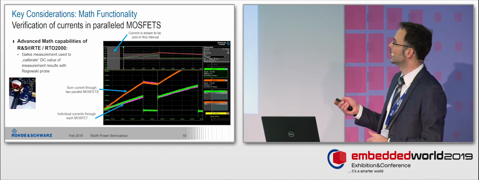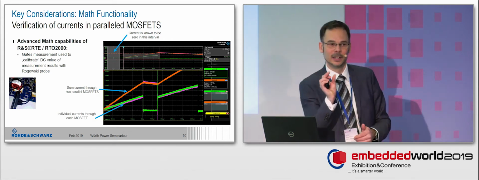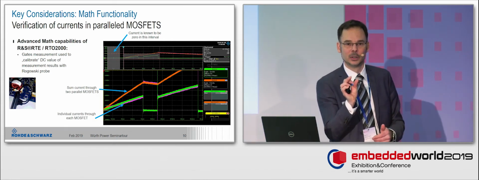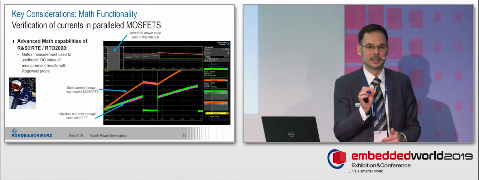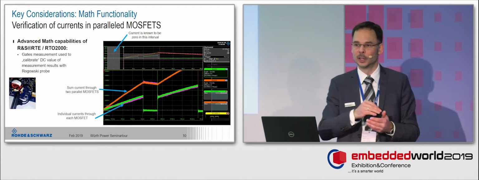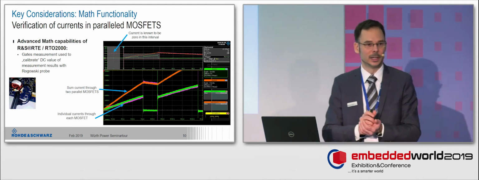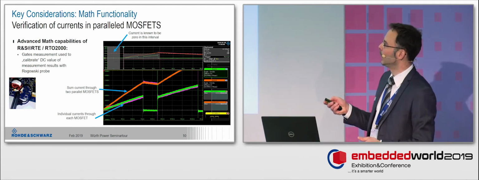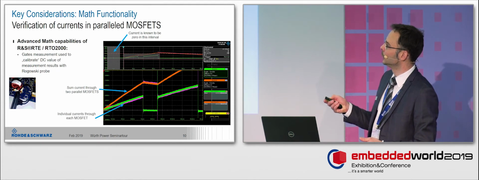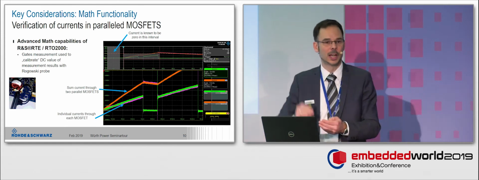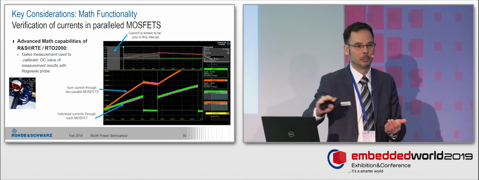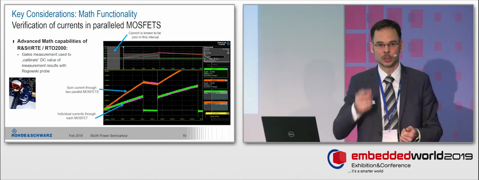So what I did here is, in this double pulse test, I consider the first part here, and I know that the current is 0 in this particular test, and I use this fact to calibrate my measurement. I'm doing that by measuring the current here and using this measurement in the math function to shift the current measurements of the Rogowski probe back to 0 at this first phase.